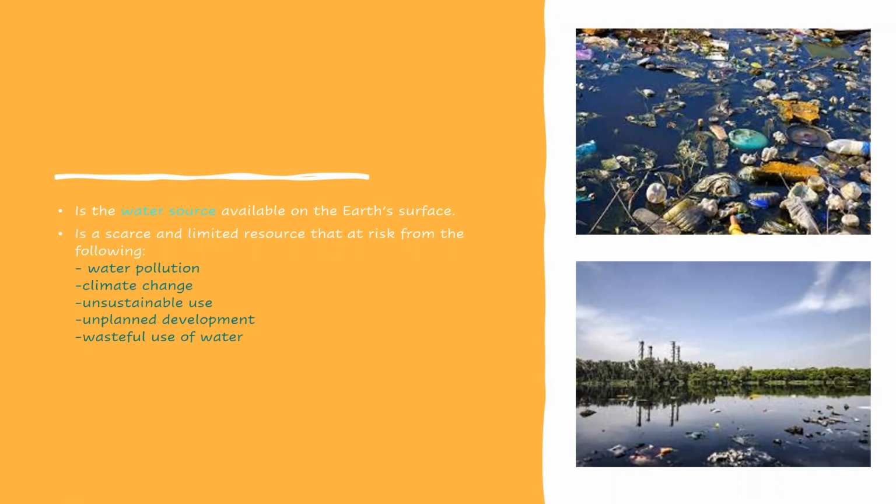It is normally like lakes, oceans, ponds. It's a scarce and limited resource that is at risk from the following: water pollution, which is normally caused by us humans throwing rubbish into the water source, climate change, unsustainable use, unplanned development, and wasteful use of water.